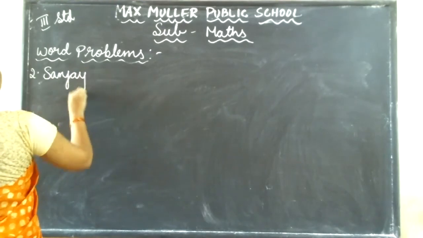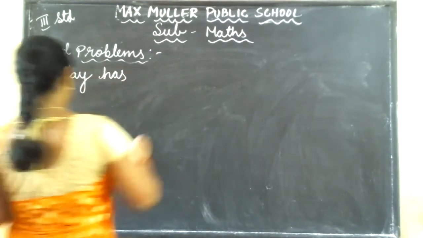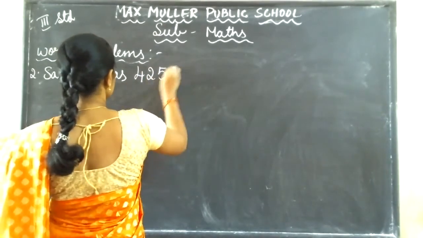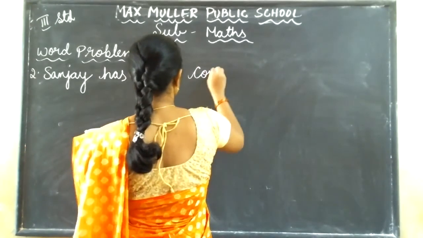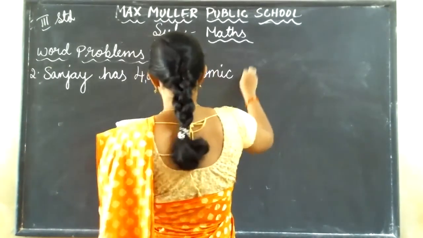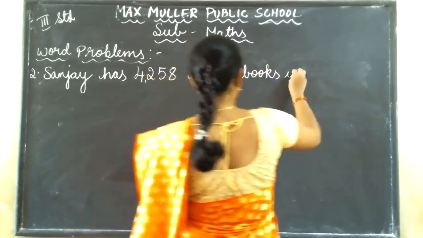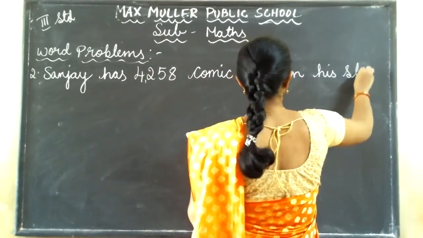Sanjay has 4,258 comic books in his store.